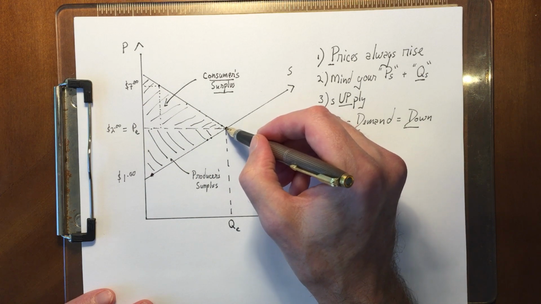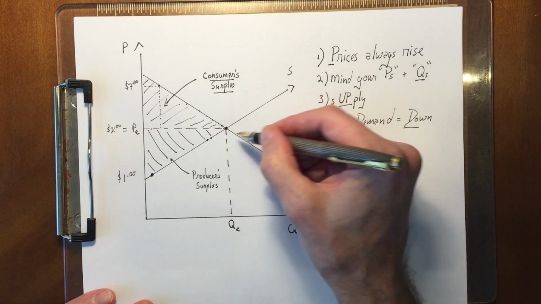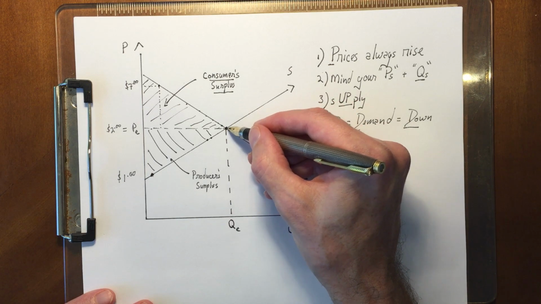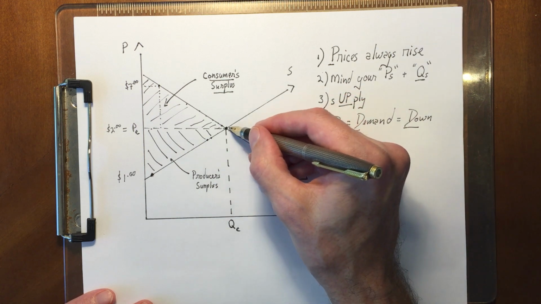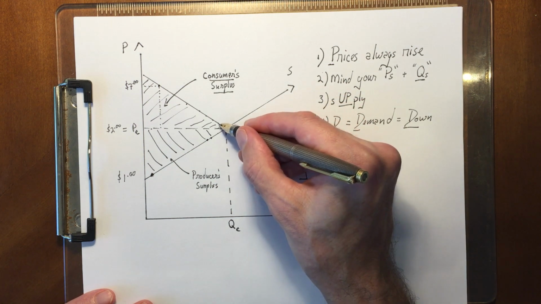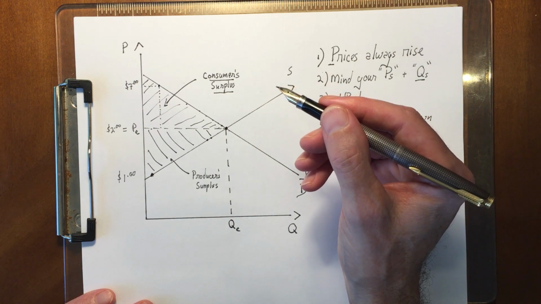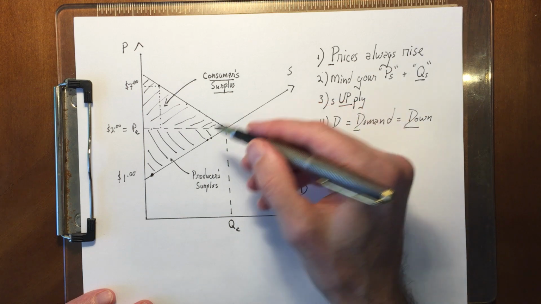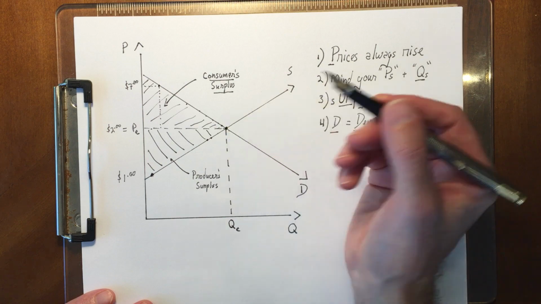And when you get to this equilibrium point, you've reached a point where if the producer was going to produce any more coconuts, the producer would actually need a price a little bit over $2. And if the price were a little bit over $2, there wouldn't be enough demand to sell all the coconuts, and the producer would have to cut prices and lose money. So the producer stops here just as the consumer stops here.